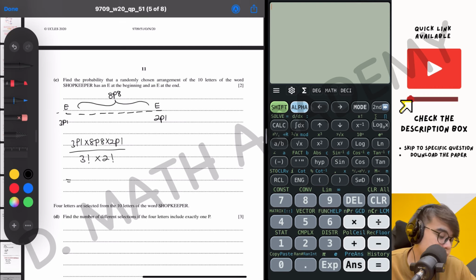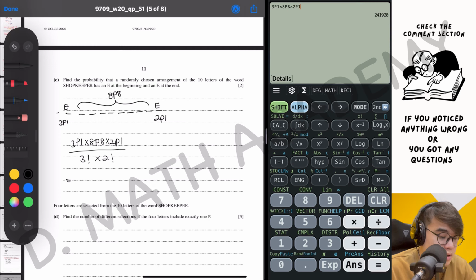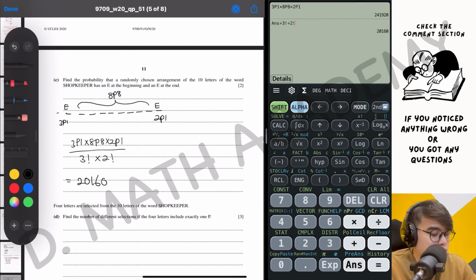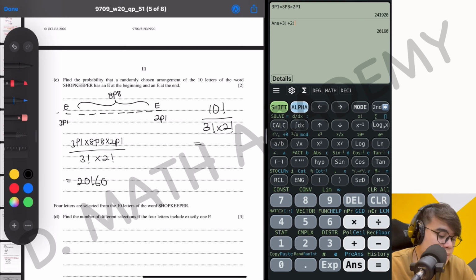Kindly take note, this is just for you to identify the possible arrangements, but it doesn't fulfill the question's requirement of finding the probability. So you still have to get that done at the end. So that would make it 20,160. The total, which is having no restriction at all, will be 10 factorial, since you can simply arrange everything, or 10P10, divided by the E's that are repeating and the P's that are repeating.